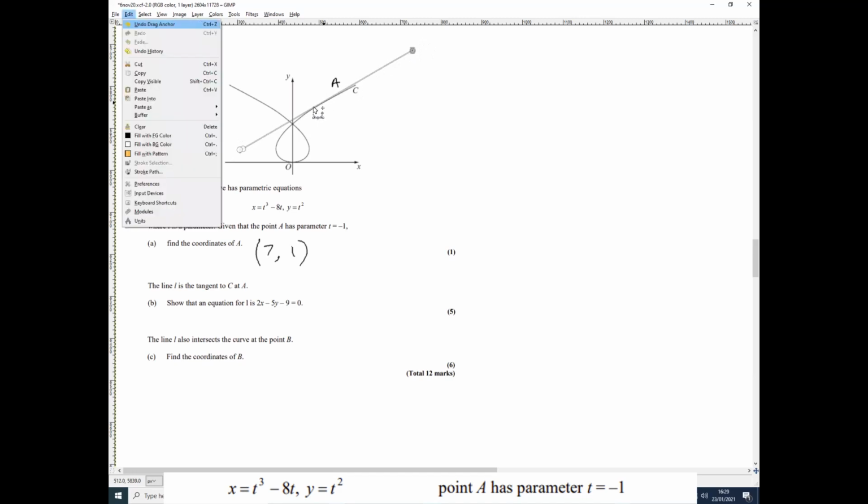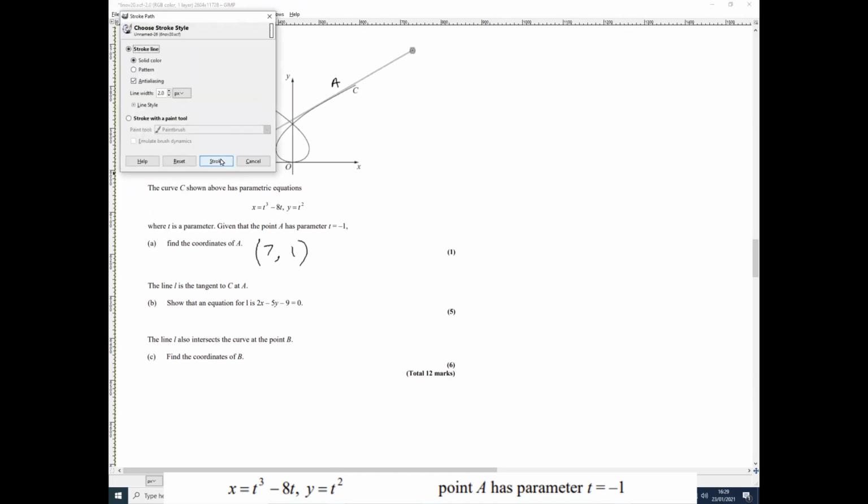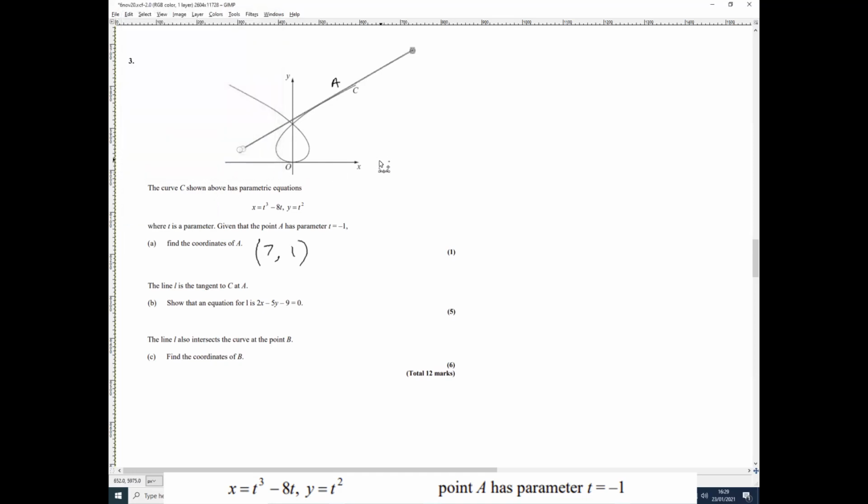Actually, let's say A is there, not there. Let's move that down. Right, so let's say A is there and that's 7. I have no idea if it's realistic.